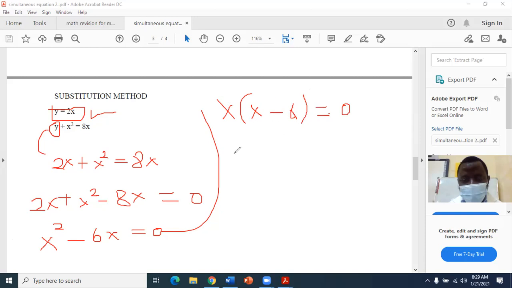So in this one, it means that x is either equal to 0 or x minus 6 is equal to 0. That is the meaning of that equation there.